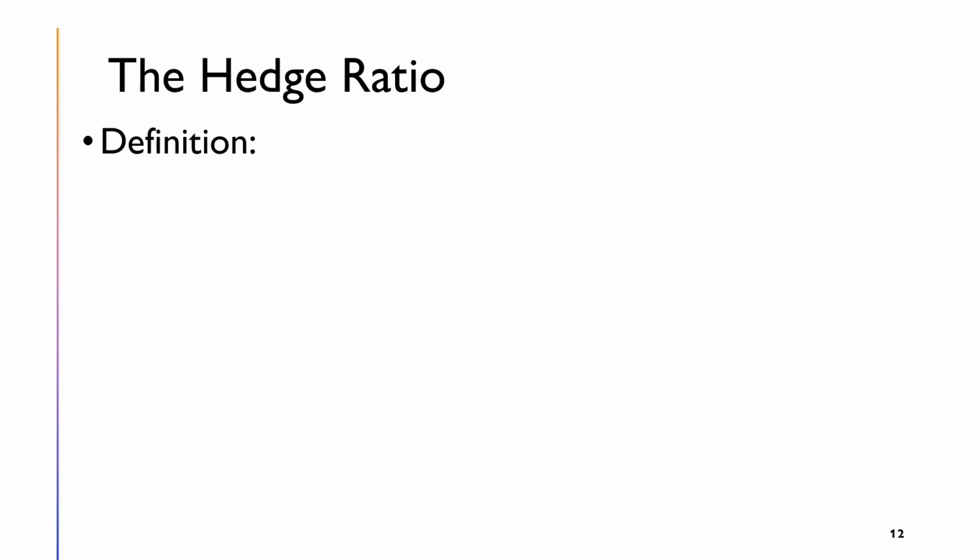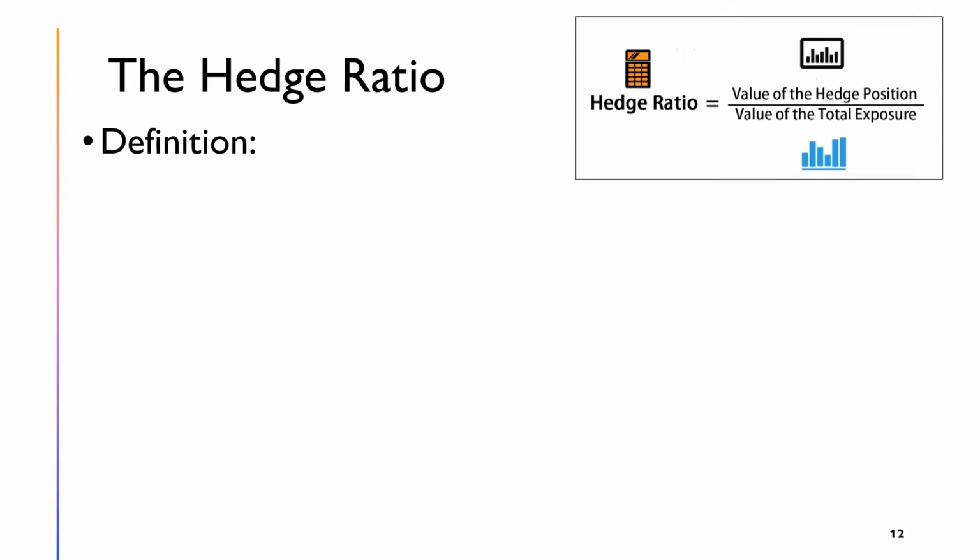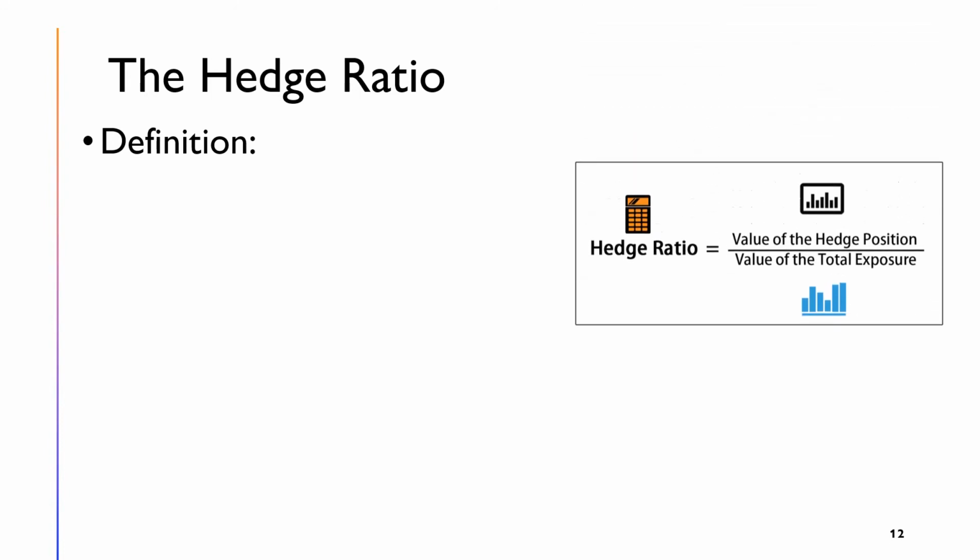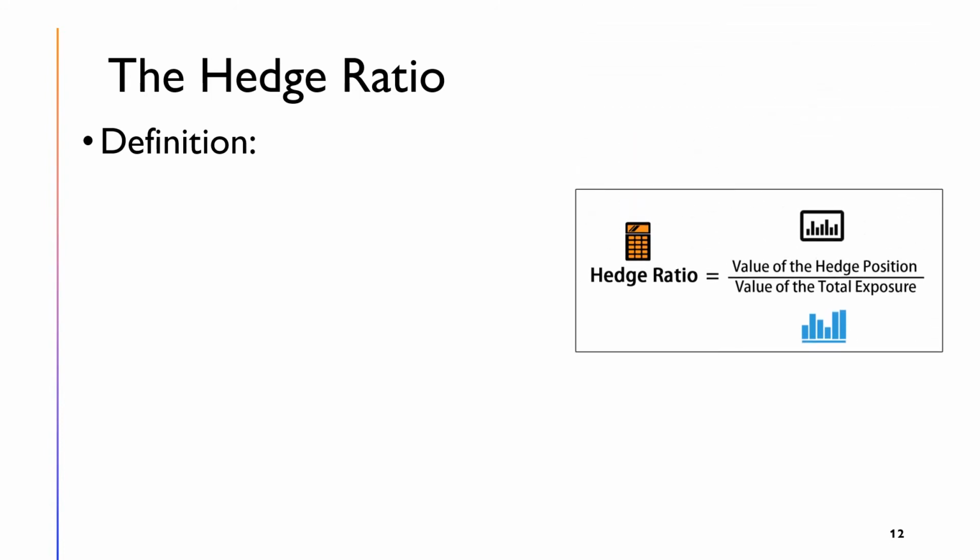What is a hedge ratio? Understanding the hedge ratio can be immensely beneficial for risk management as it represents the extent to which changes to the value of assets will be offset by movement in the hedging instrument. The hedge ratio compares the value of a position protected through the use of a hedge with the value of the total exposure.